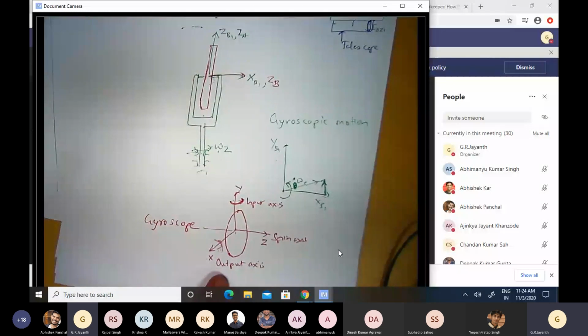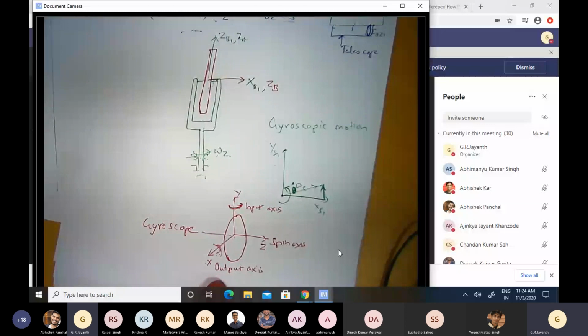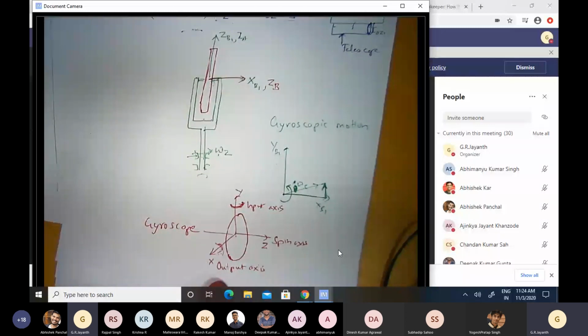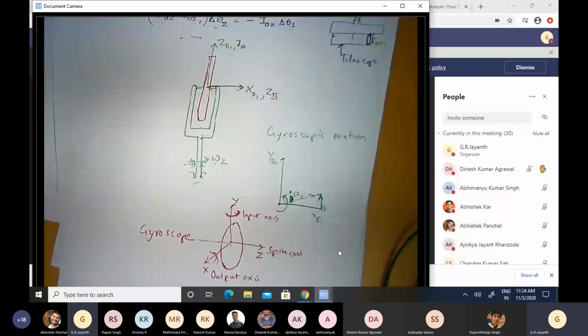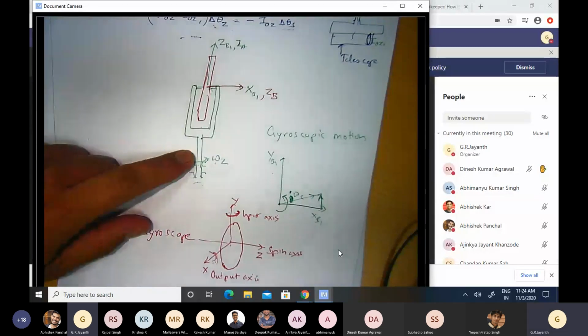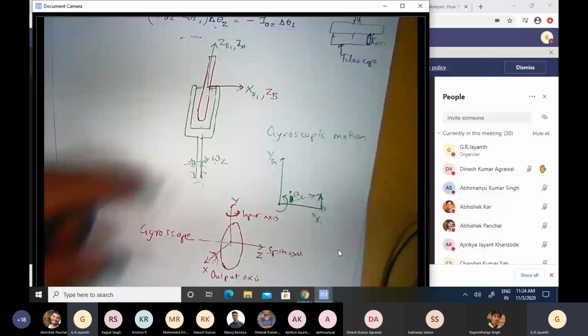When I apply torque about one axis, I have rotation about an orthogonal axis, or vice versa, and both these axes are perpendicular to the spin axis. This is highly counterintuitive, not at all obvious if you simply stare at this figure, but emerges as a result of our analysis of how the angular momentum changes when you either try to rotate it about a certain axis, as we have done in this case, or you apply a torque.